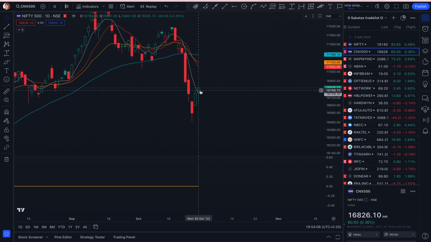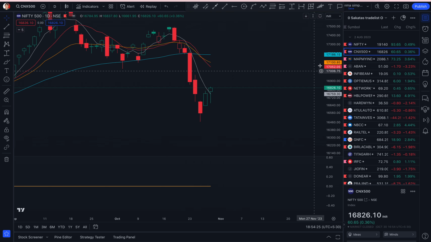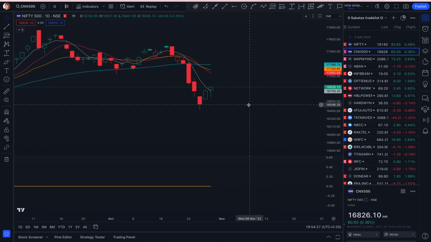So the best time to make a pullback entry is either on the day of this one, or the very next day. Because if one wants to make a pullback entry in this, that would also be on this day, which is like last Friday, right?